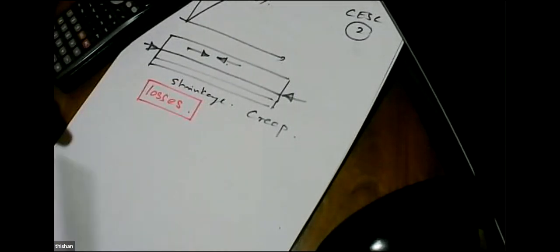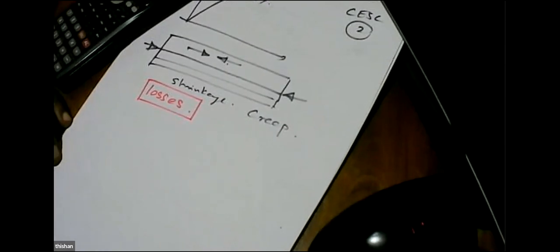So because of this, we get losses. We get losses because when the concrete shortens, we lose the pre-stress.